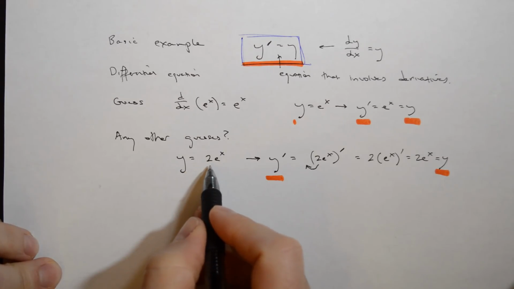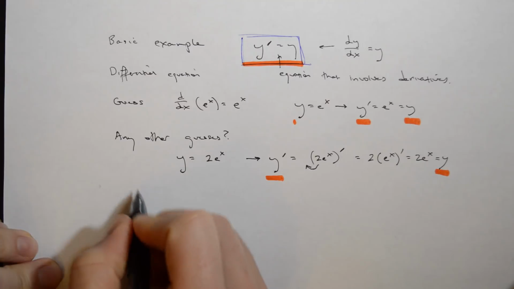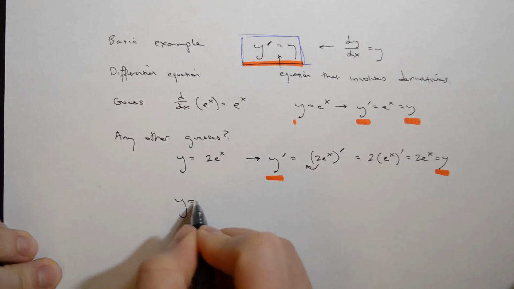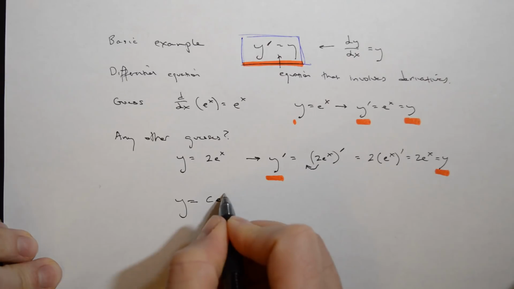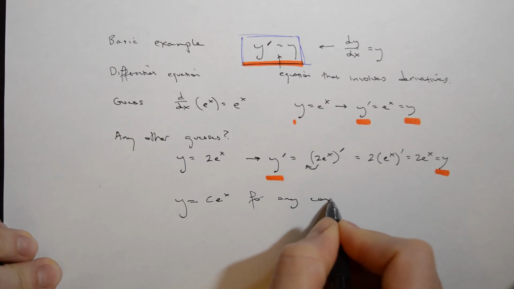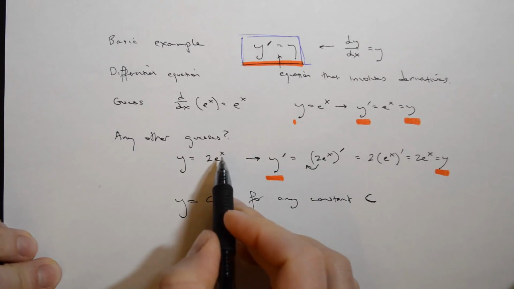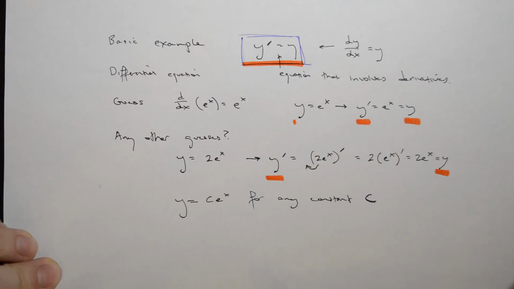Extending this idea of 2e to the x, we might make a guess that actually all solutions of the form c e to the x, for any constant c, solve this differential equation y prime equals y. Can we show that?